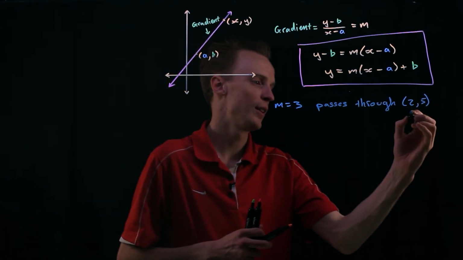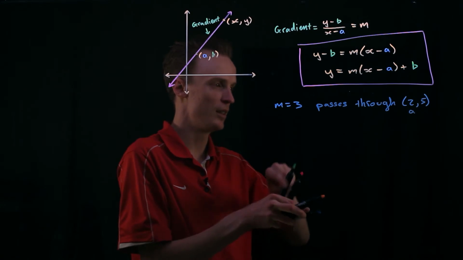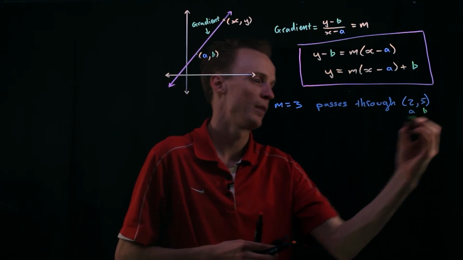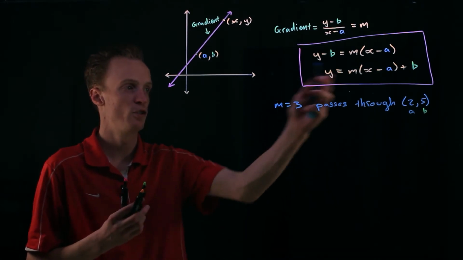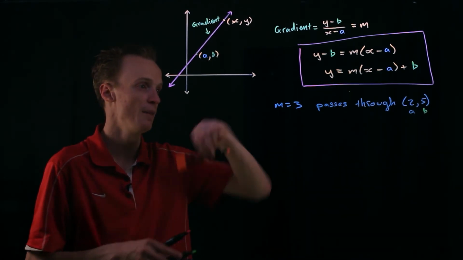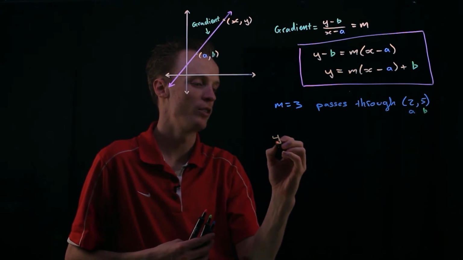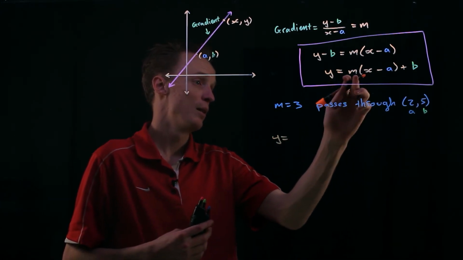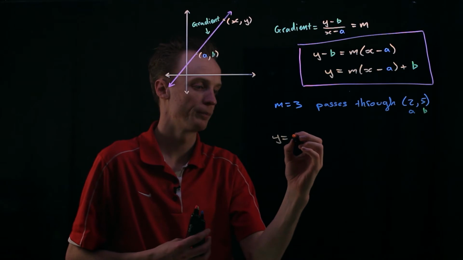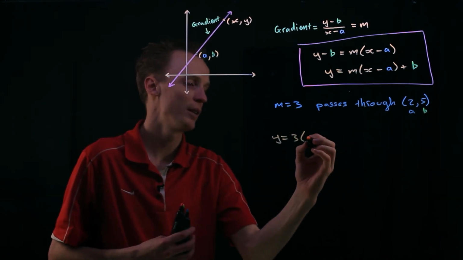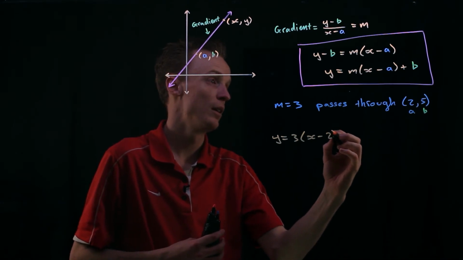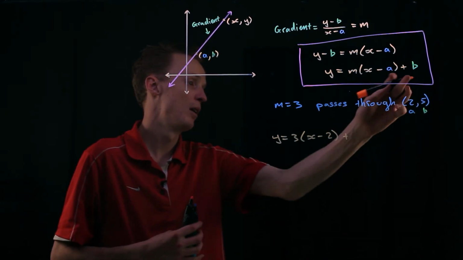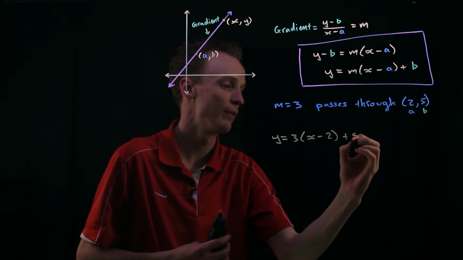So we know that this value here is my a, this value here is my b, and my m is equal to 3. So if I now substitute it into this format just here, I can say that the equation is y equals my m of 3, x minus a, so x minus 2, and then add my b, so add my 5.